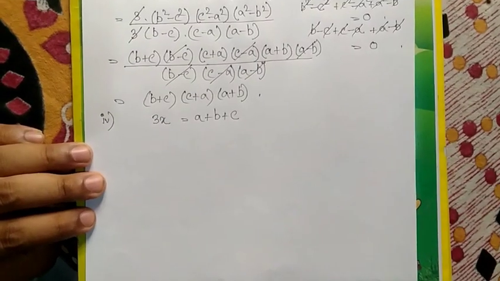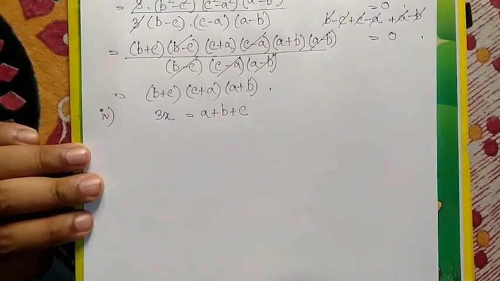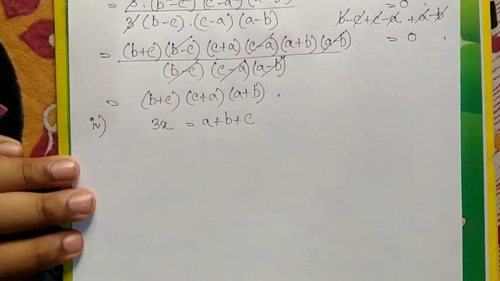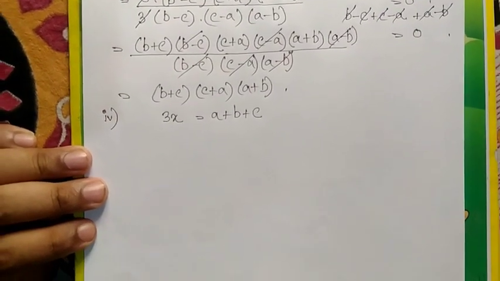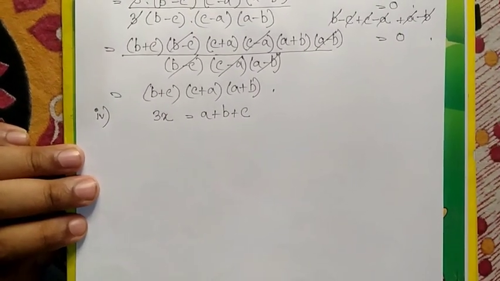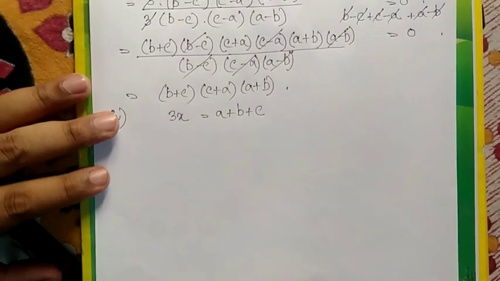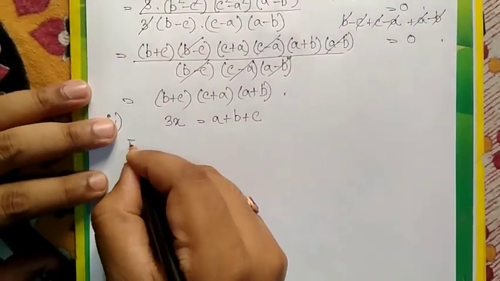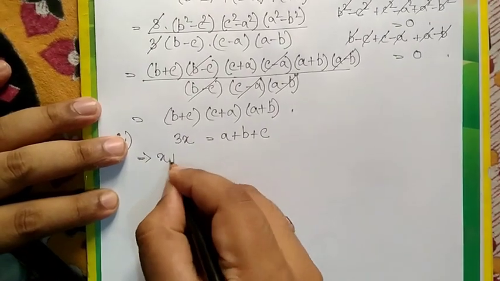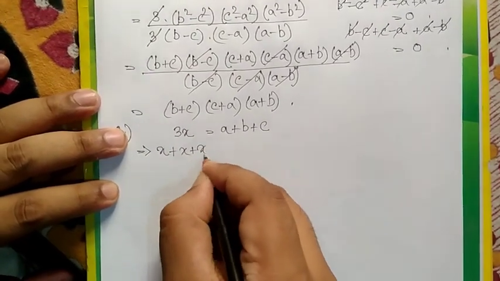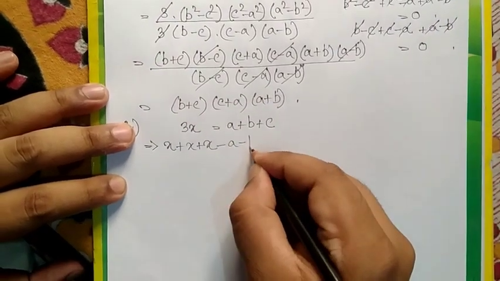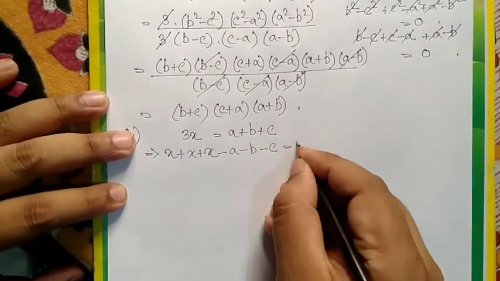This is sum number 4, where let us write the value of x minus a whole cube plus x minus b whole cube plus x minus c whole cube minus 3 into x minus a into x minus b into x minus c, if 3x equal to a plus b plus c. Now first of all, we can write this in this formation. 3x means x plus x plus x, and moving right hand side to left hand side, minus a minus b minus c equal to 0.